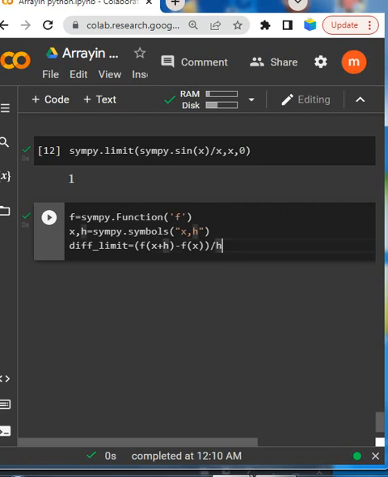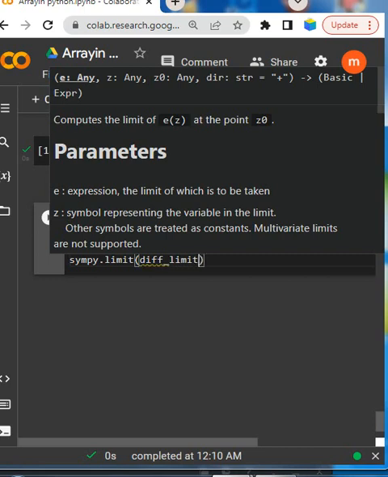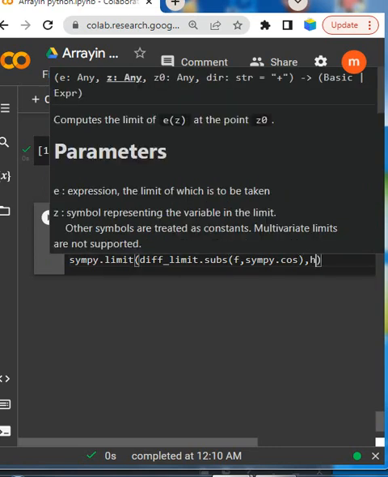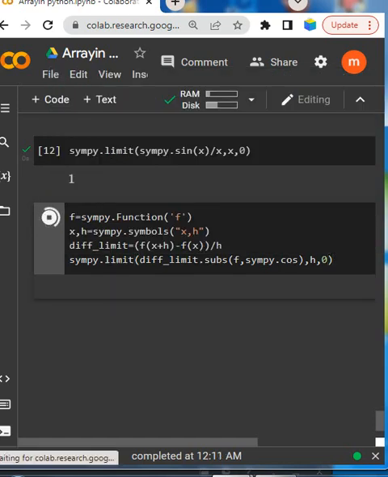So is it possible to write another function? If I write sympy dot limit and diff underscore limit dot subs, with f comma sympy dot cos and h comma 0, see here, it has been printed as minus sin x.